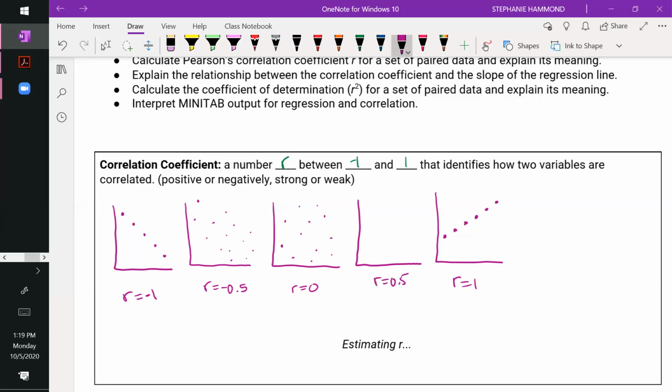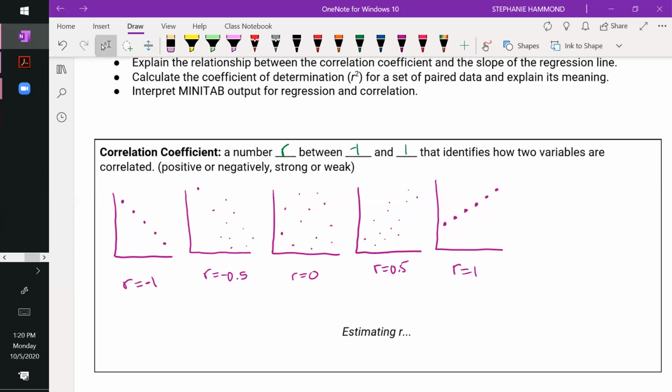It's going to be increasing left to right, but be pretty spread out. I might even make it a little closer than that. So we can guesstimate from there. The more spread out it is, the closer it is to 0. The closer it is to a line, the closer it is to either positive or -1.